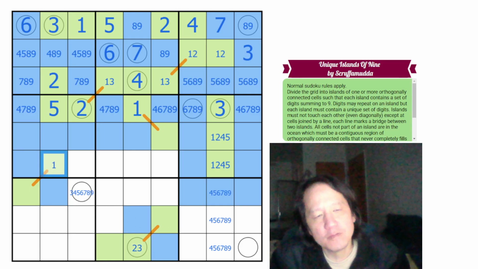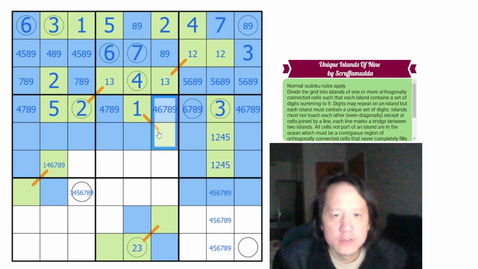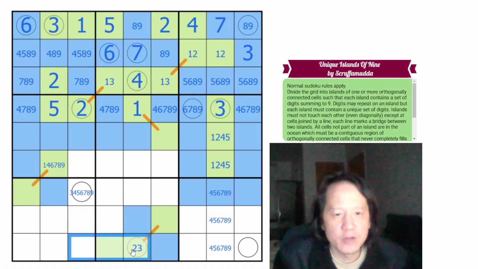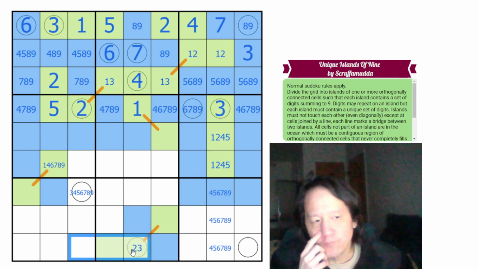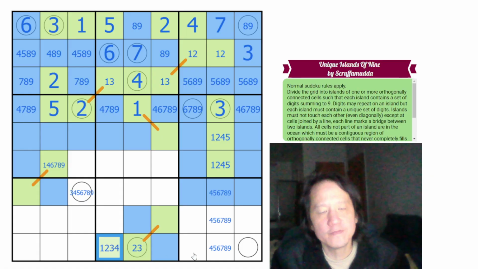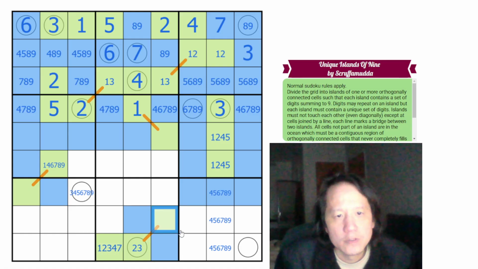It could be 1, 4, 6, 8. This is a lot. This also cannot be 1 or 2, but that's a lot more. So this could be up to 7, because if it's 3 digits that it sees, then it can never be greater than 5. So this would be 1, 2, 3, 4, 7. Okay.